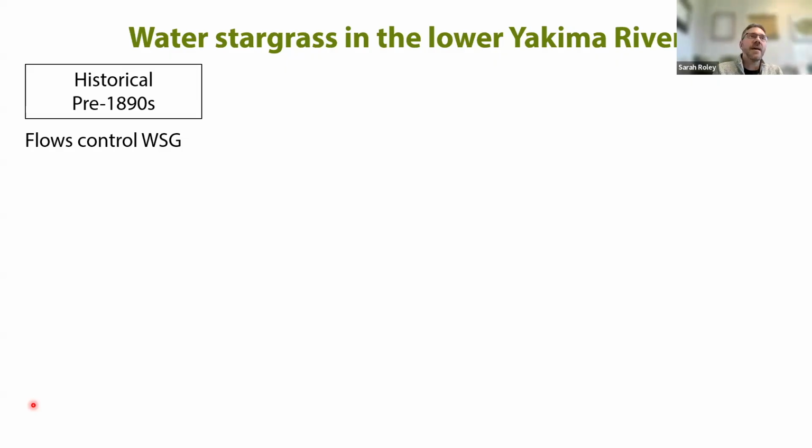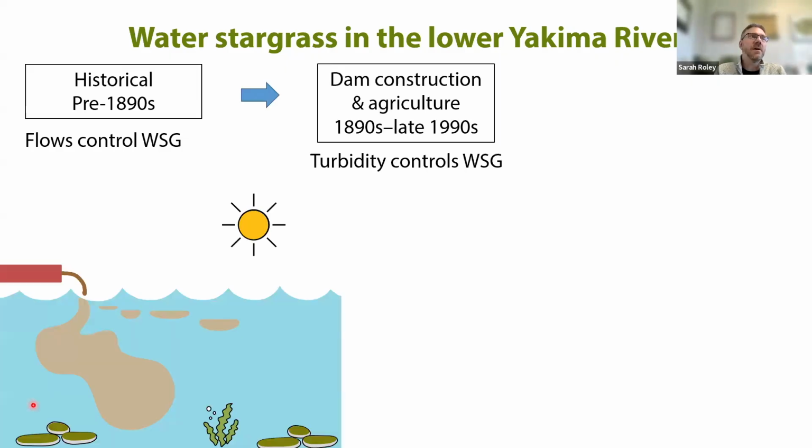However, from the 1890s to the mid-1900s, those reservoir dams were built in the Yakima, and that lowered peak flows and also helped shift them. Peak flows are also shifting earlier due to climate change, but also critically, agriculture was quite predominant in the Yakima Basin at that time, and most growers in the region tended to use flood irrigation.